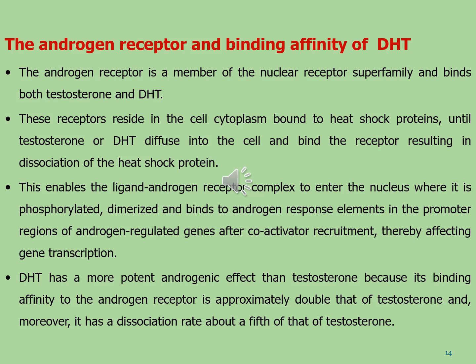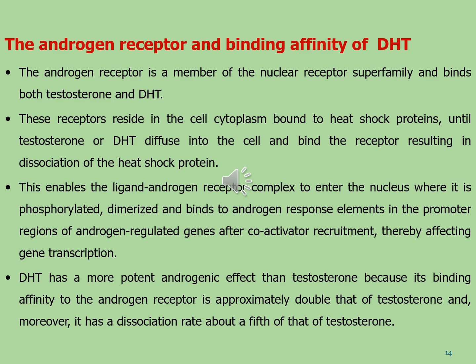This enables the ligand-androgen receptor complex to enter the nucleus, where it is phosphorylated and dimerized and binds to androgen response elements in the promoter regions of androgen-regulated genes after co-activator recruitment, thereby affecting gene transcription.